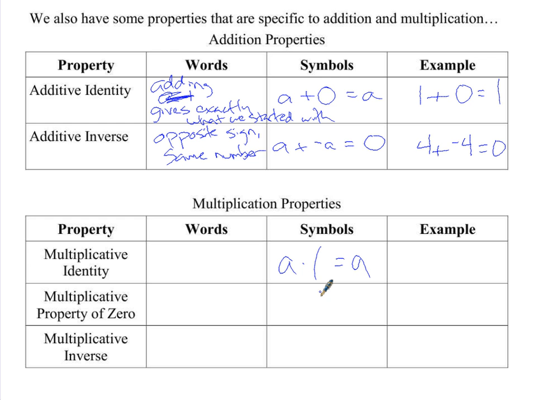Example: negative 5 times 1 is negative 5. So in words, multiplying by 1 gives exactly what we started with.